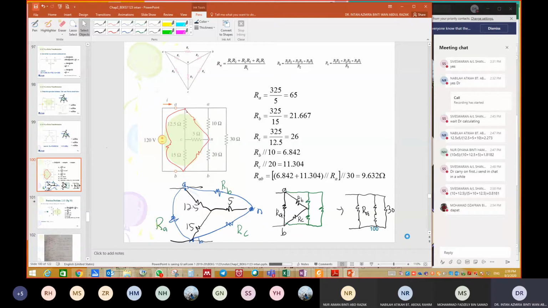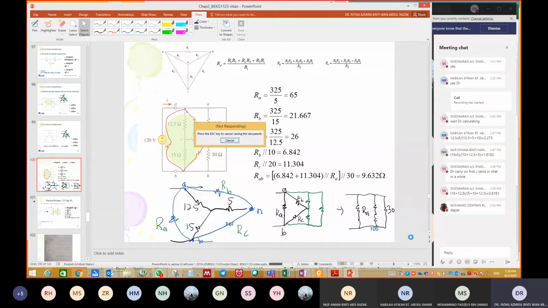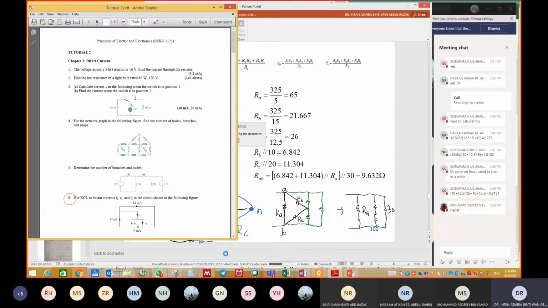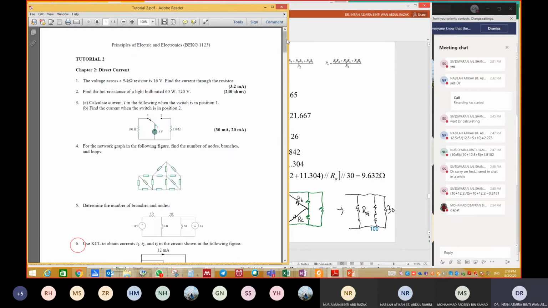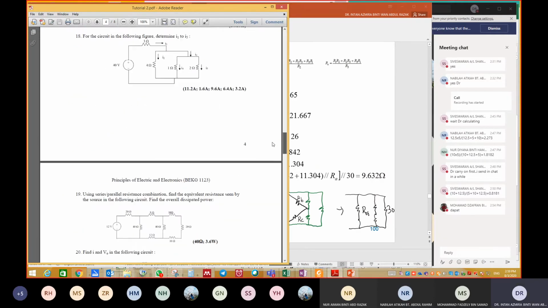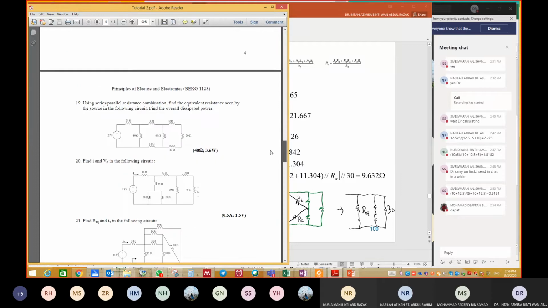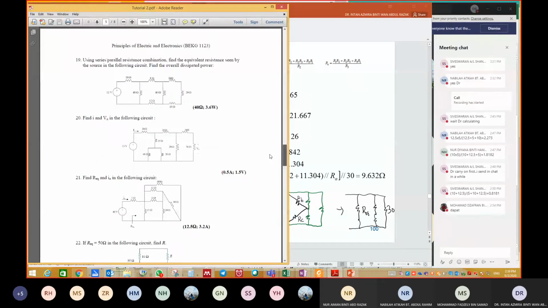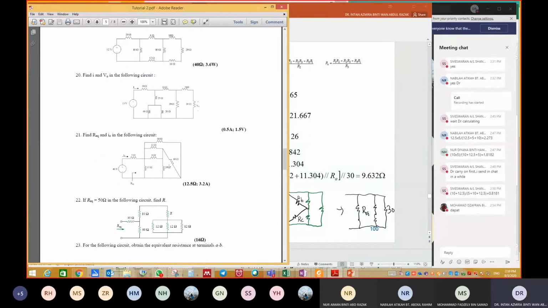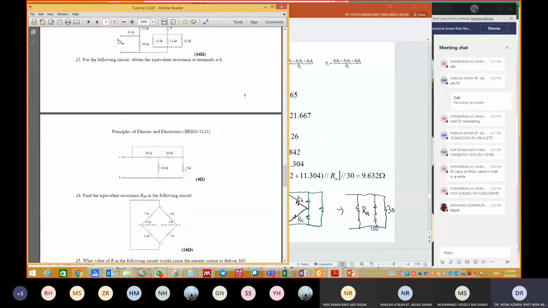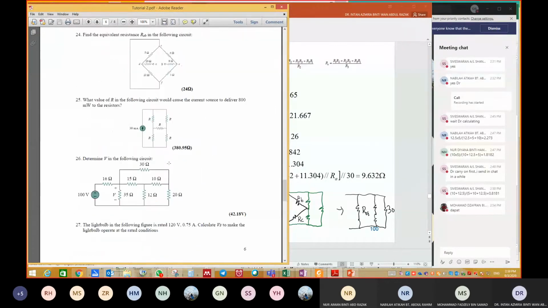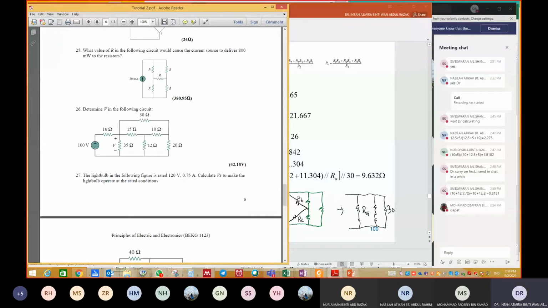Okay, I think you can further solve for tutorial number 26.